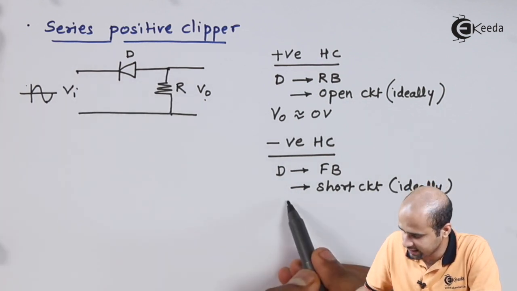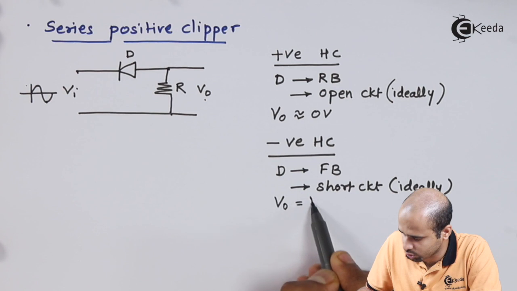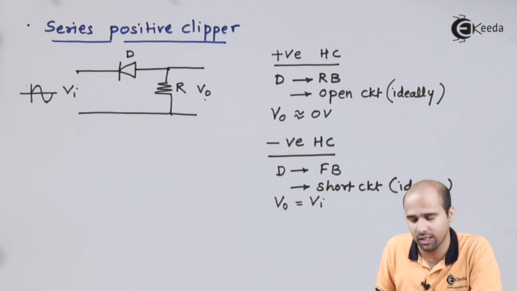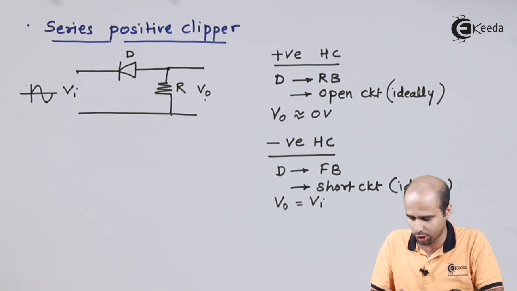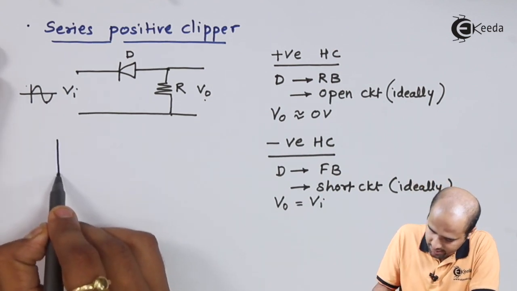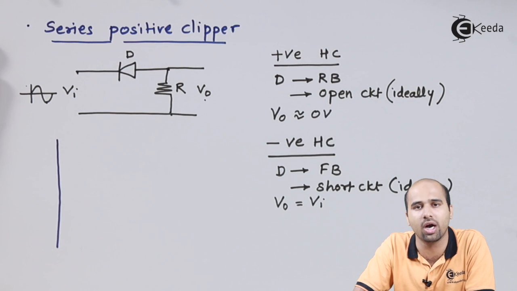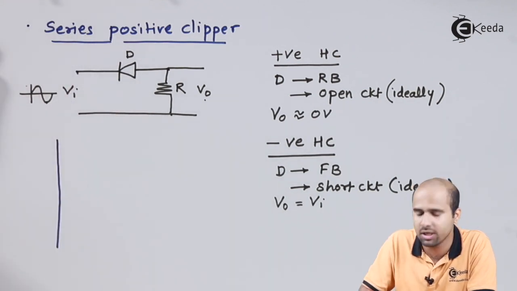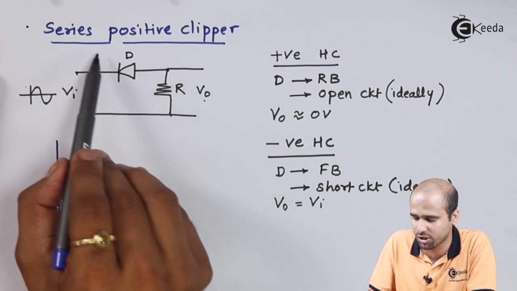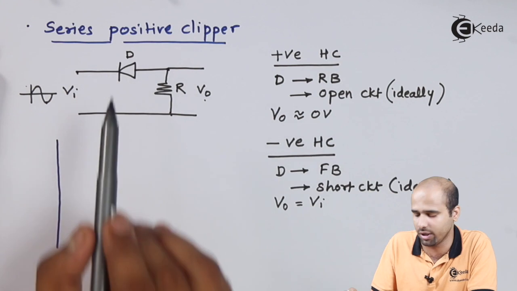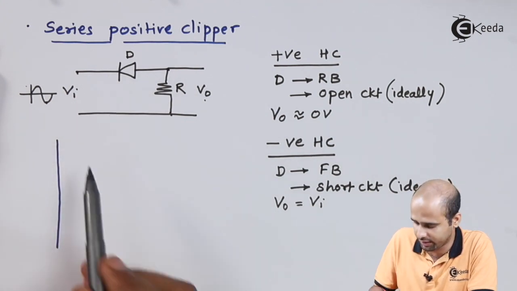Then VO is equal to VI. We will just show it graphically, so it is very clear to you all why this is called series positive clipper. The series naming is from the circuit and diode orientation, and the positive part is coming from the waveform orientation.